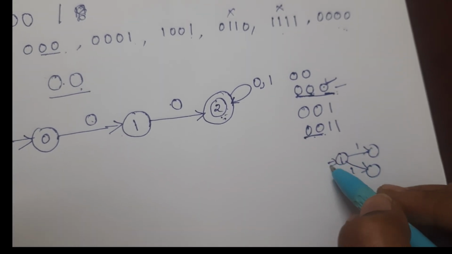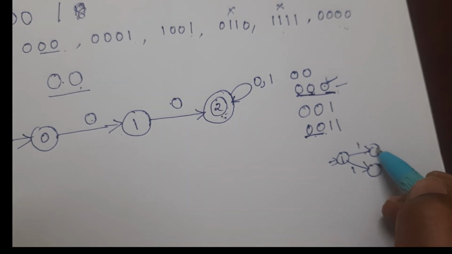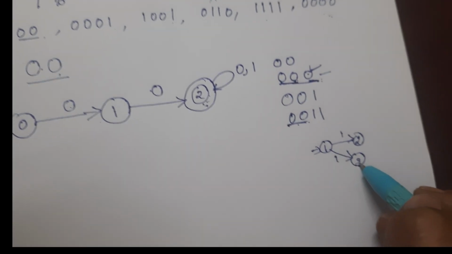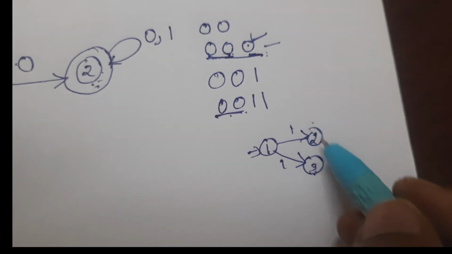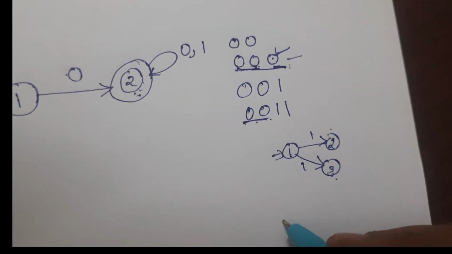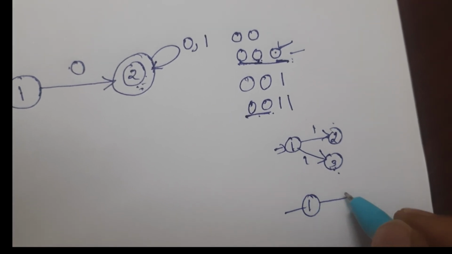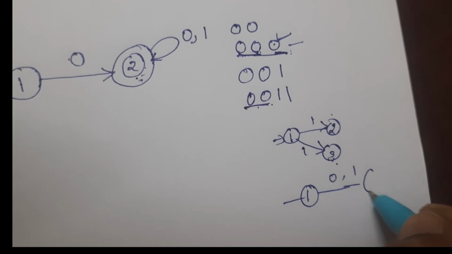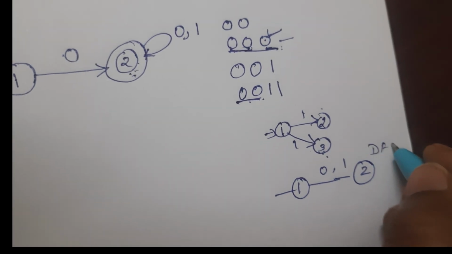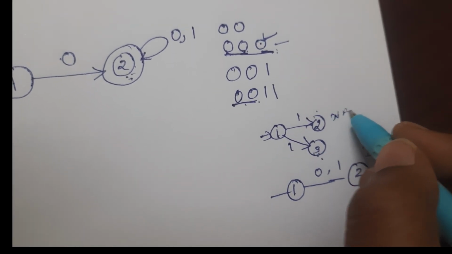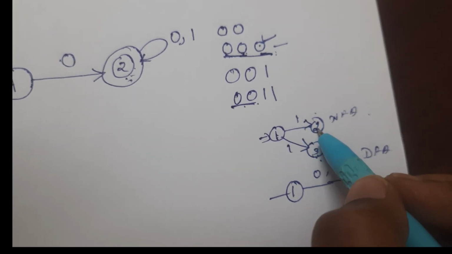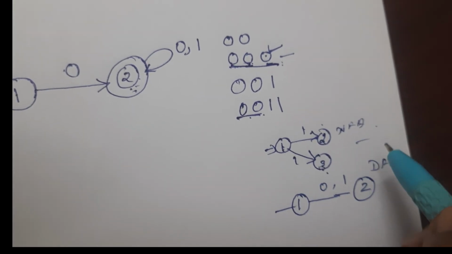From state 1, taking 1, if it can move to state 2 and 3 as well, then this is an NFA. However, if from state 1 you take either 0 or 1 and move to a single state called 2, this is DFA. It is NFA when upon taking the same input from a single state, it moves to either 2 or 3.